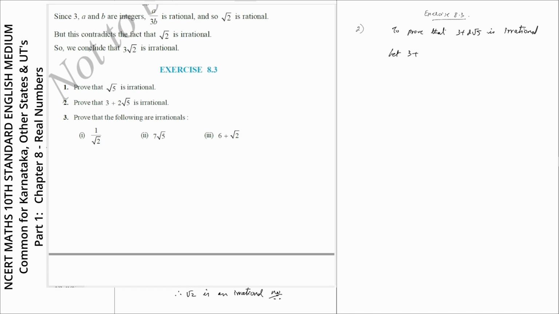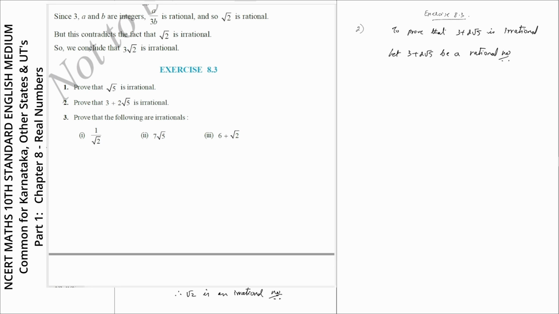Let 3 plus 2 root 5 be a rational number. So I'll assume and I'll try to prove that this is a rational number. If I am unable to prove that this is a rational number, it means that it's an irrational number.